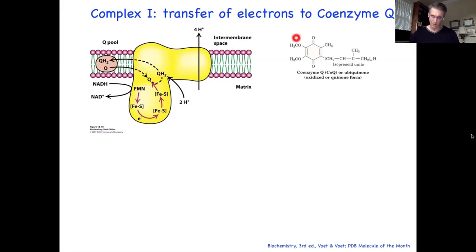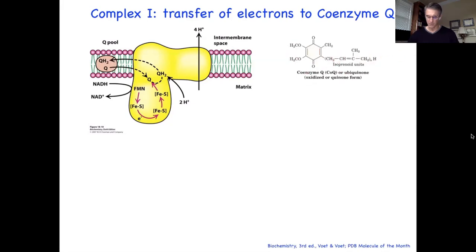So coenzyme Q is this aromatic diketone, a fairly simple molecule that's connected to these long chain isoprenoid units, right? So if you think about that in the context of the lectures that Dr. Carr just gave you, you can imagine where that stuff is going to be, right?